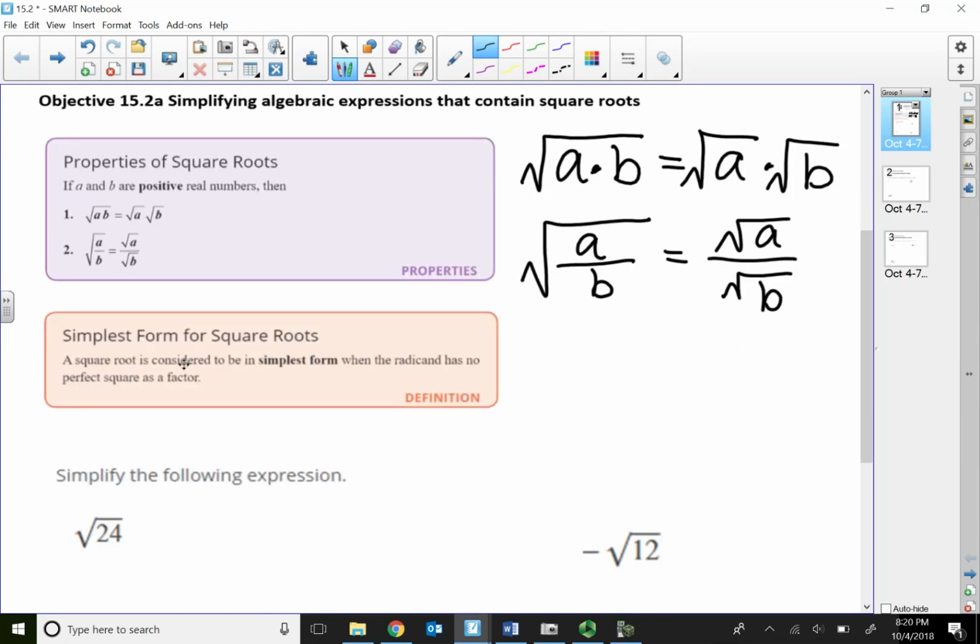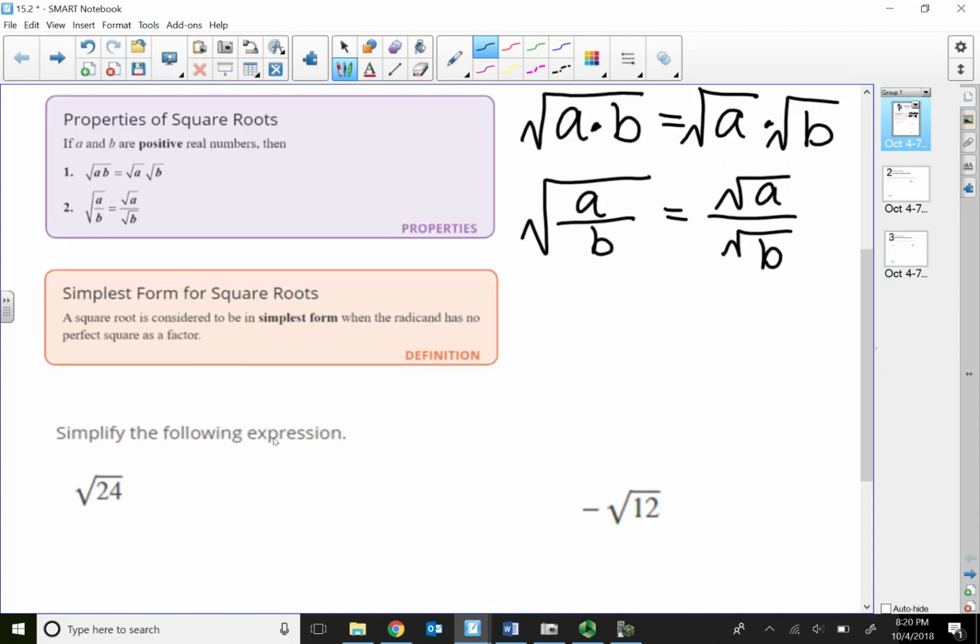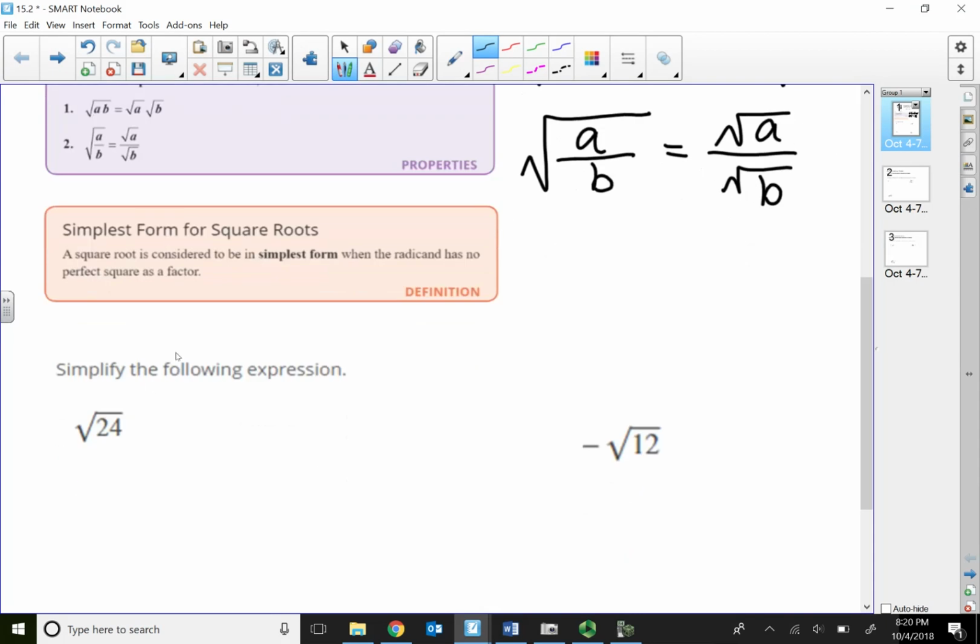All right, the simplest form for square roots, or any type of radical, is when the radicand has no perfect square or perfect cube or perfect fourth power as a factor. What that means is that when it comes to simplifying our radical expression, we want to be able to break down our radicand.